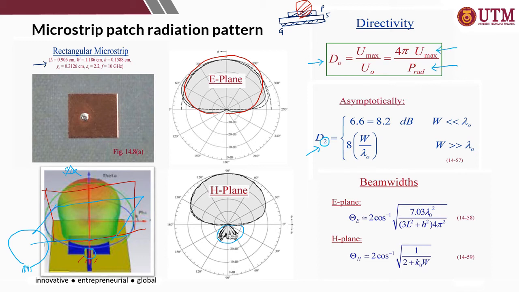Alright, and the directivity is dependent on the width of the patch, either it is larger or smaller than lambda. And in terms of the beam width, in E plane it can be estimated by using this equation, and in H plane by the following equation. And K naught, as mentioned earlier, is the free space wave number equal to omega over C, also equal to 2 pi over lambda naught.